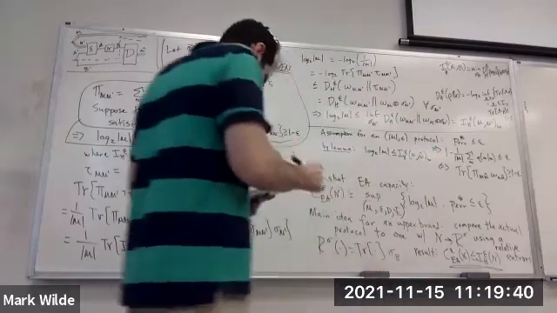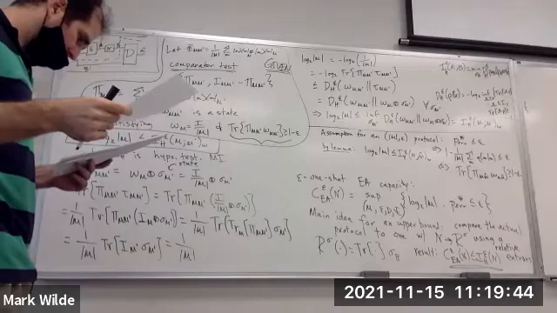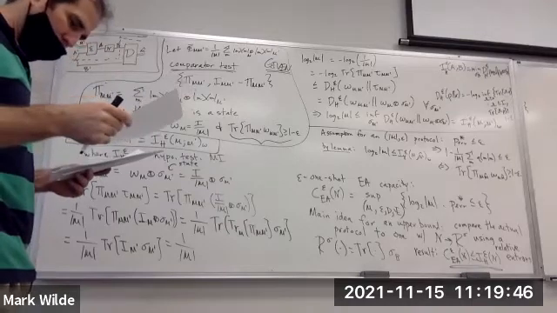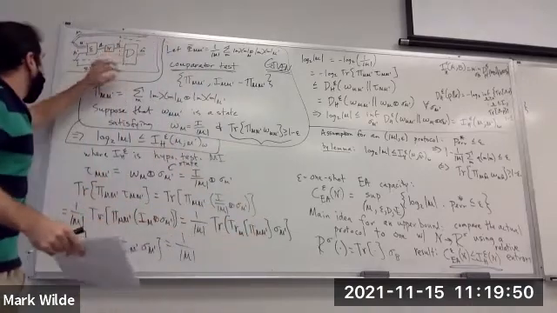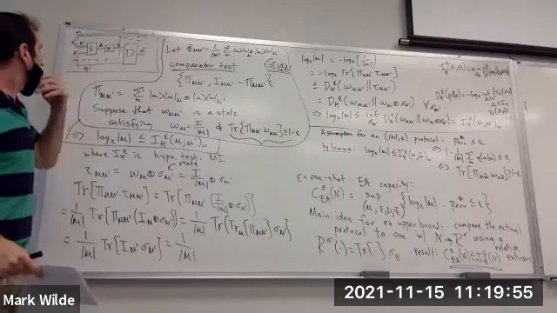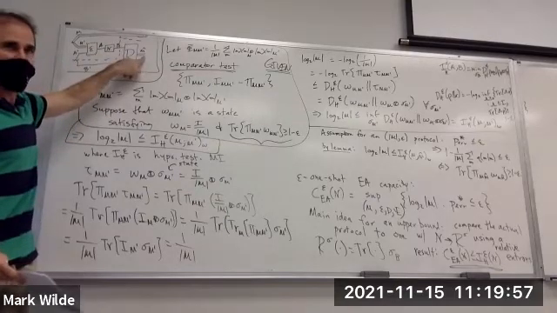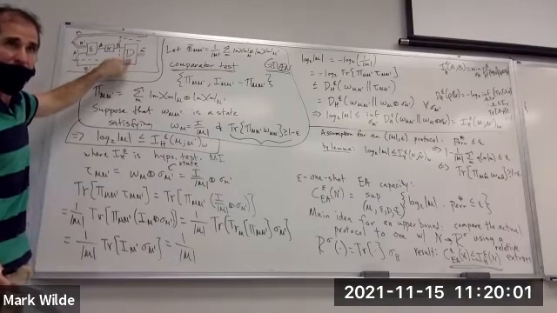Okay. Now what? The next step is to think about the protocol. This was the final state of the protocol. How do we get register m hat from data processing with the decoding channel?